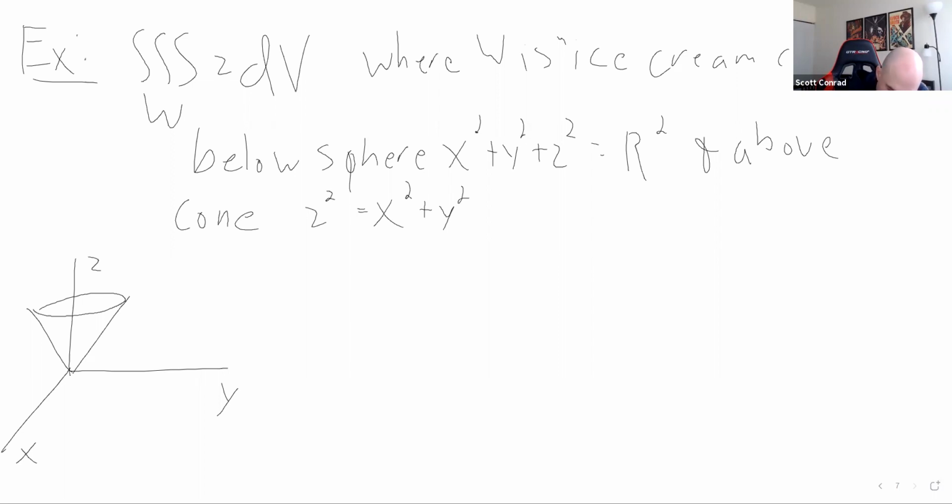And then below the sphere, that's really hideous, but that's our ice cream cone region. The ice cream bit's the sphere, and the cone is the cone, obviously. Does everyone see that's the region we're talking about here?